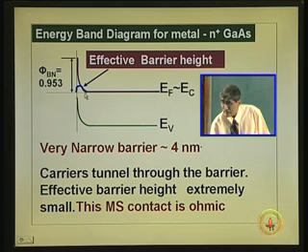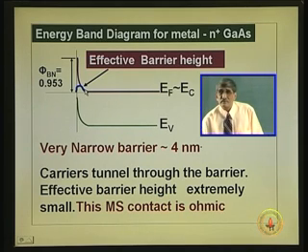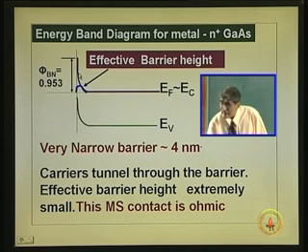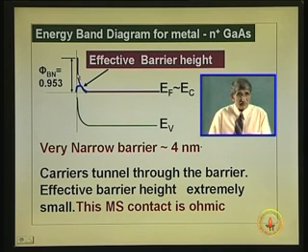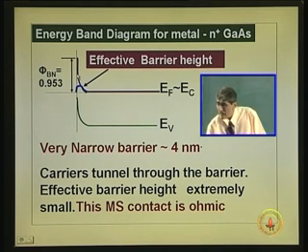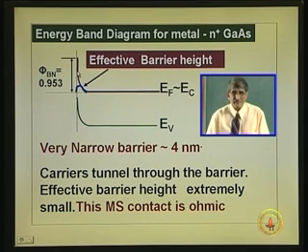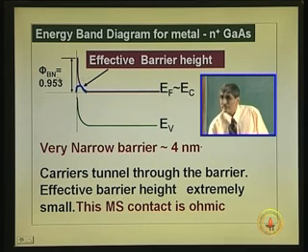Depletion layer width is up to this point, that is 40 angstroms, and as you go towards this, the barrier becomes narrower and narrower, less than 40 angstroms, which means above a certain height here, it is as if there is no barrier, because the electrons can tunnel through from either side.